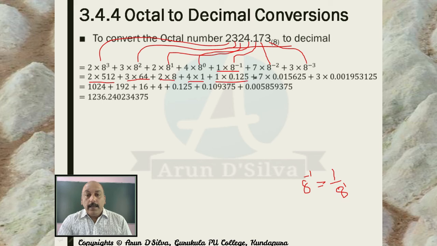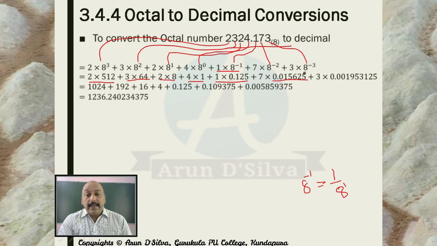Got it. Next is 7 into 8 to the power minus 2. 8 to the power minus 2 equals 1 by 8 to the power 2, that is 1 by 64, which is 0.015625. I multiply by 7 and keep it here.